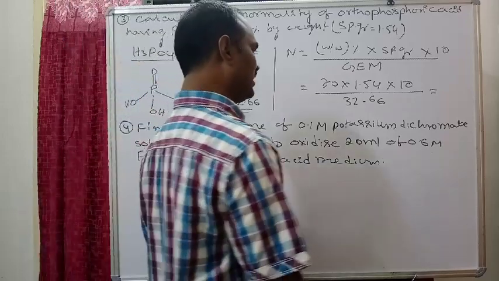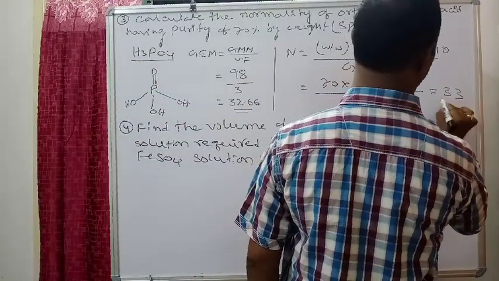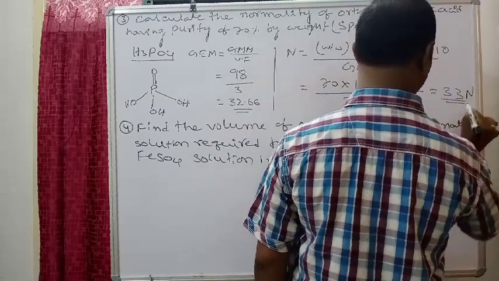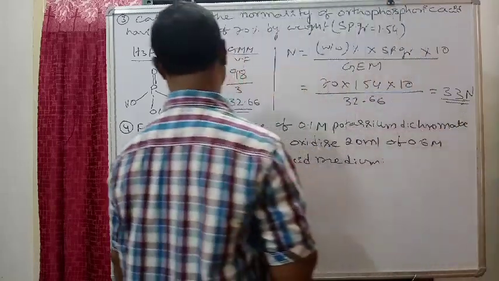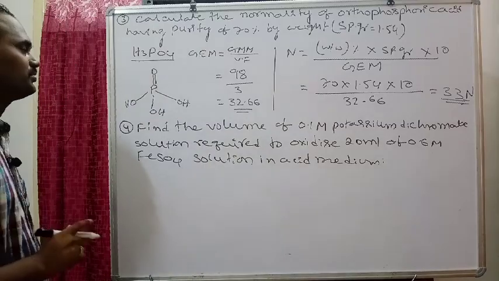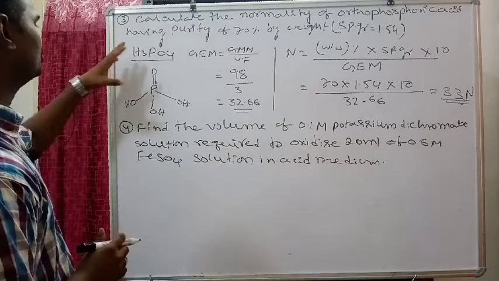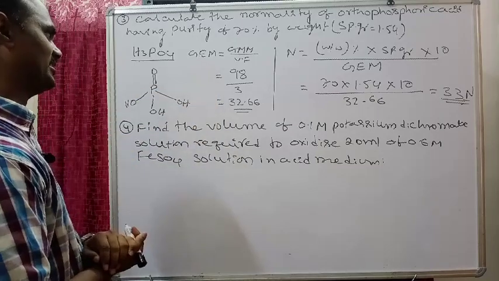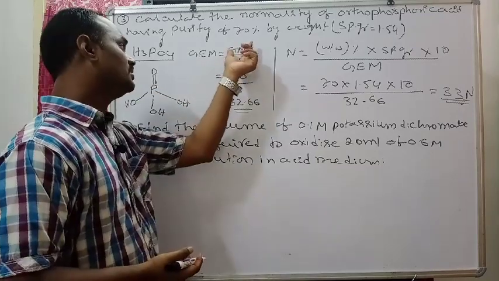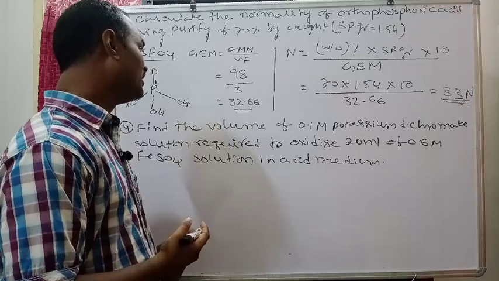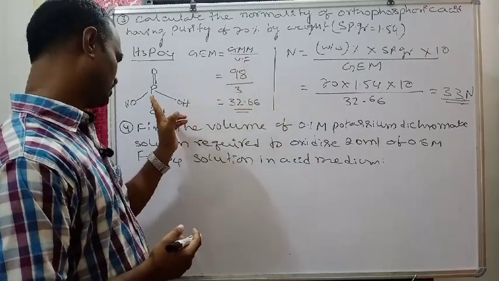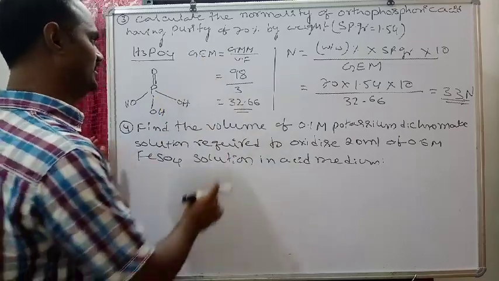If you simplify this one, exactly we are getting 33 normal solution. Here you see H3PO4 equivalent mass, gram equivalent mass we calculated. The formula, you know, is gram molecular mass by its valency factor, the acidity or basicity of the acid.